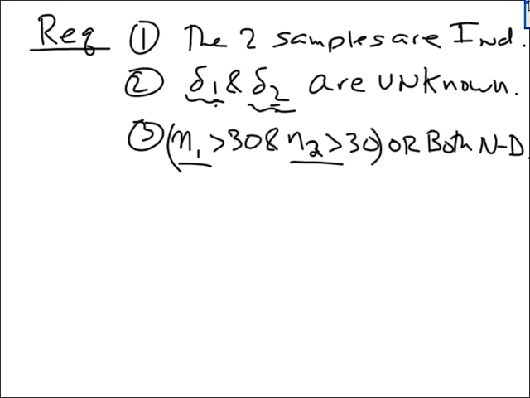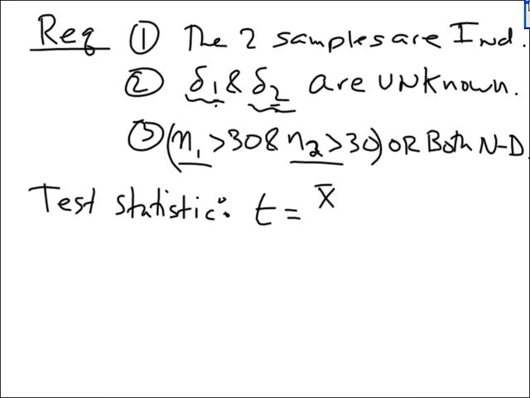The next thing we always talk about is the test statistic. Let's talk about the formula for this TS. In this case, the t-test is x1 bar minus x2 bar, the sample average of x1 minus the sample average of x2, minus mu1 minus mu2.